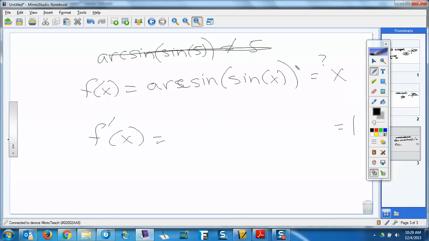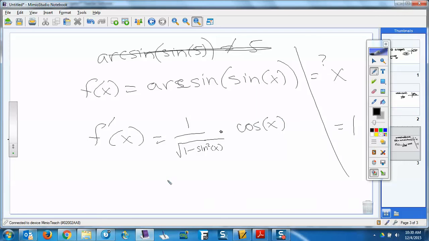But let's go ahead and follow our derivative rule here. So the derivative rule of arcsine is what? 1 over the square root of 1 minus the inside squared, so that'd be sine squared, times the derivative of the inside, cosine of x, right?